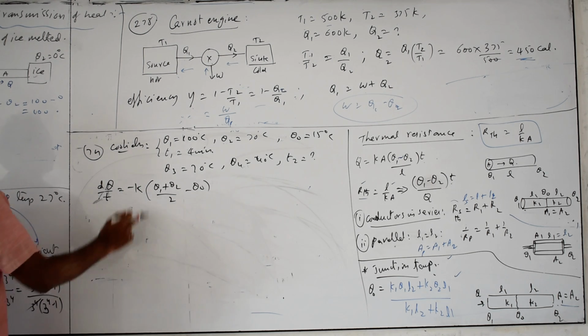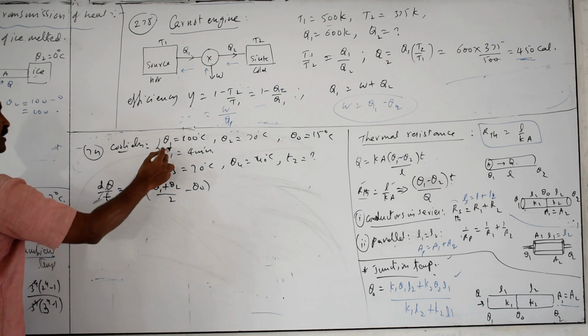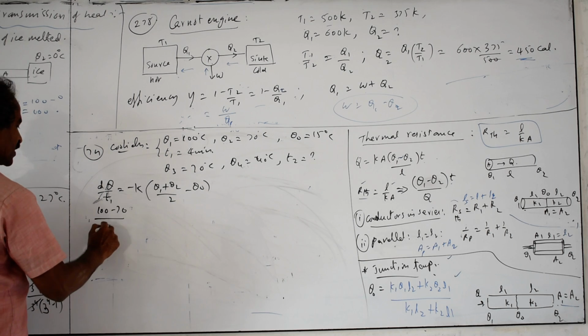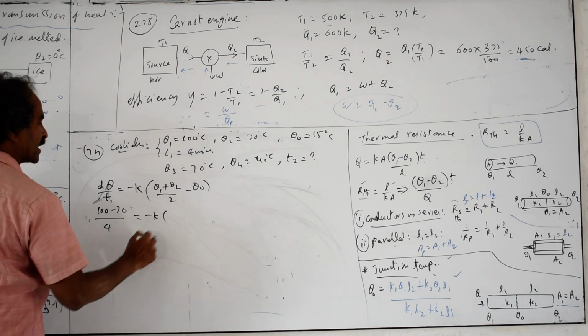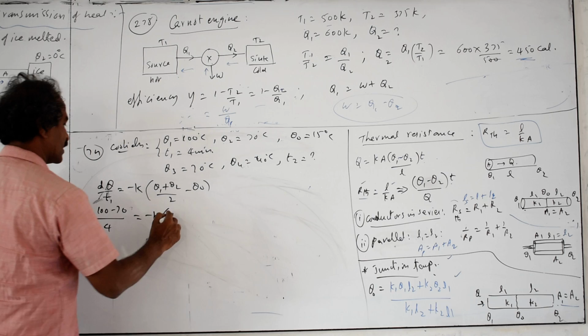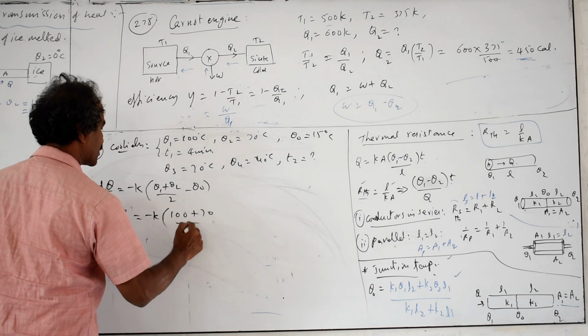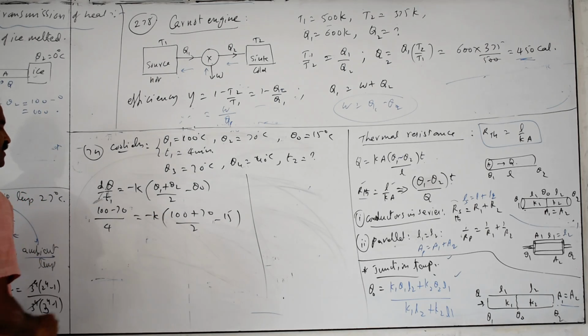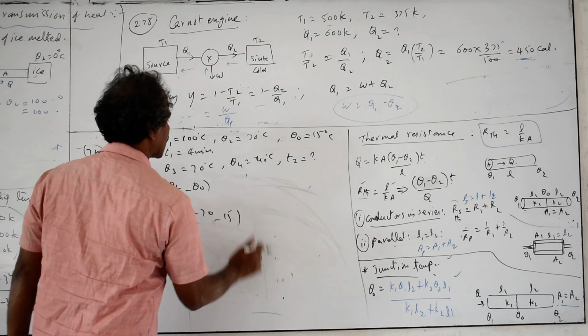First case: θ1 minus θ2, that is 100 minus 70, by T1, where T1 is 4 minutes, equals minus K into (100 + 70)/2 minus 15. You calculate this expression and you will get an expression in terms of K. Same thing you repeat for the second case.